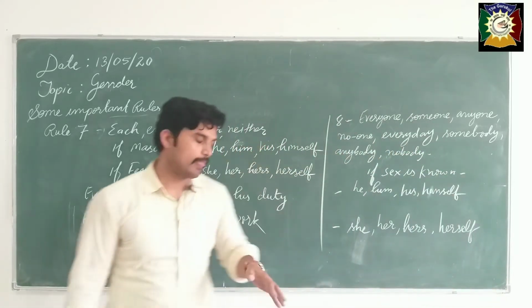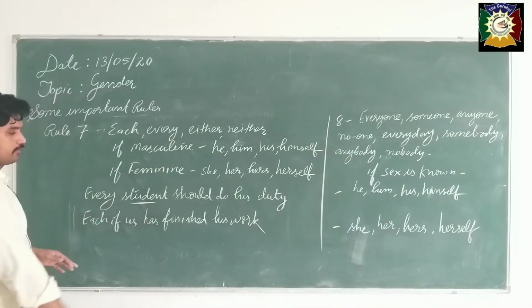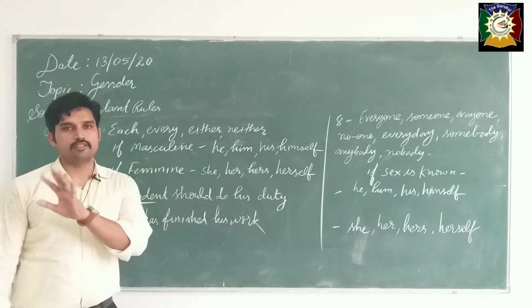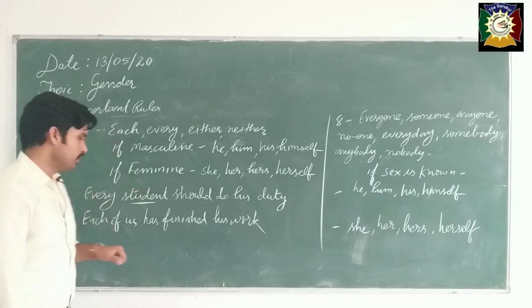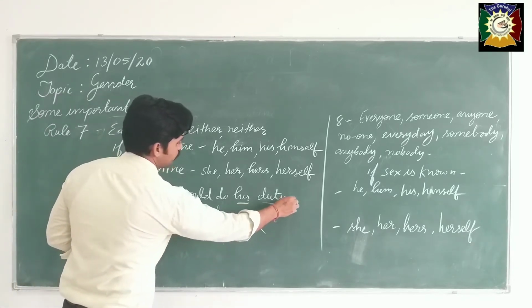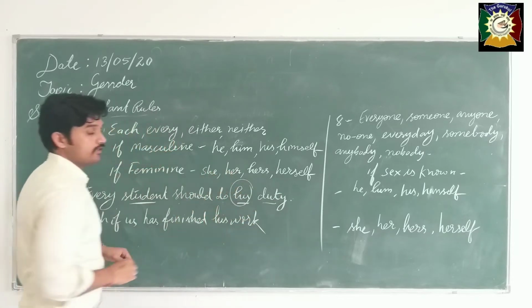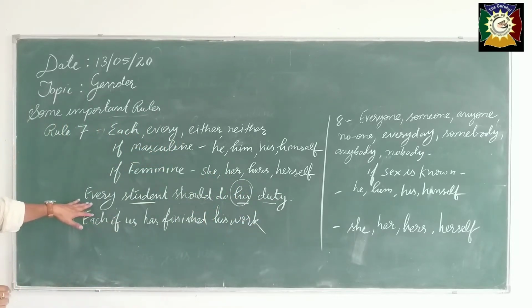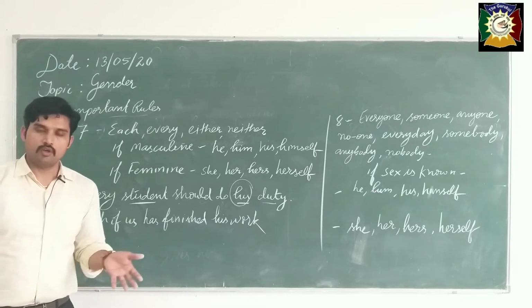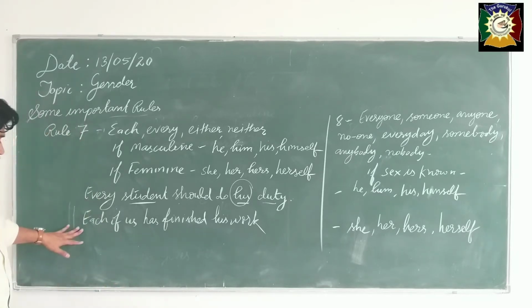Example is every student. Suppose this class belongs to boys, there is no girl student. So every student should do his duty, full stop. Why is his here? Because here every was actually for males, because all the males were available and present.